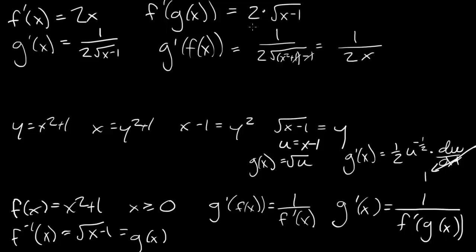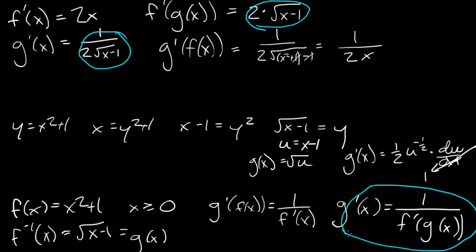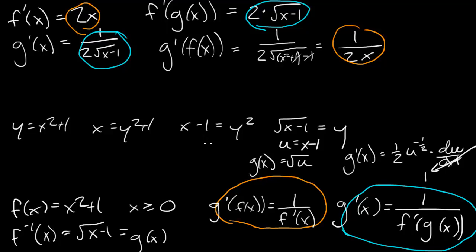Now I see some similarities. We've got f prime of g of x and g prime of x. That's what we expected over here. g prime of x equals 1 over f prime of g of x, and g prime of f of x over here should be 1 over f prime of x. And look at that. It is.